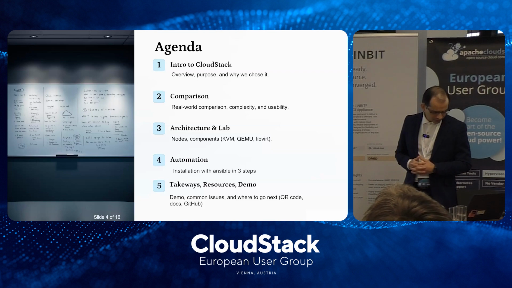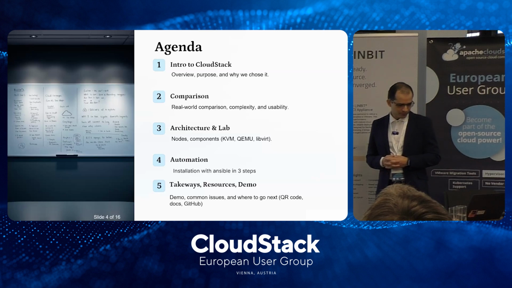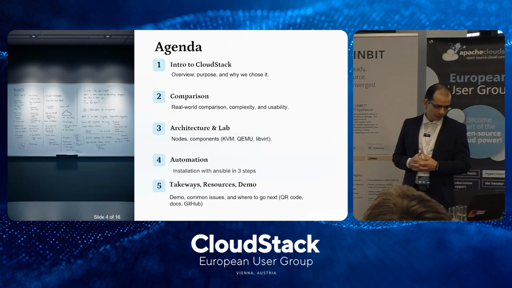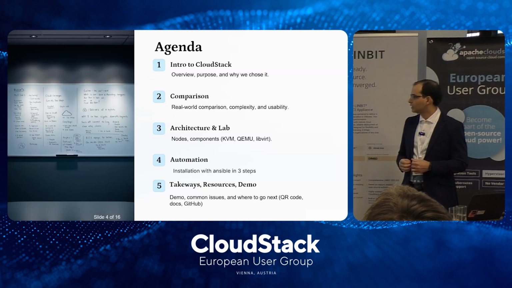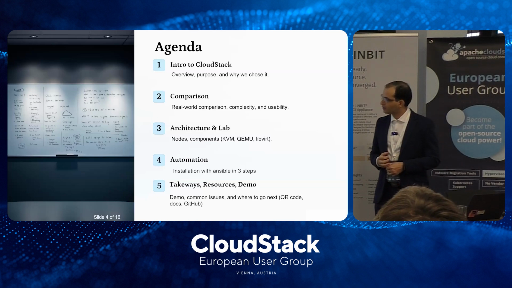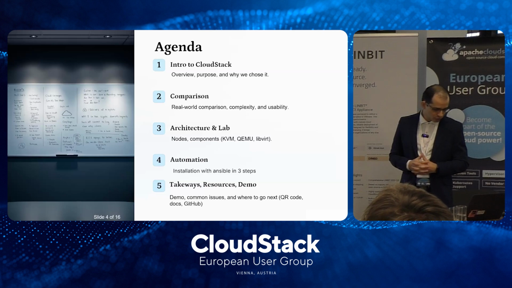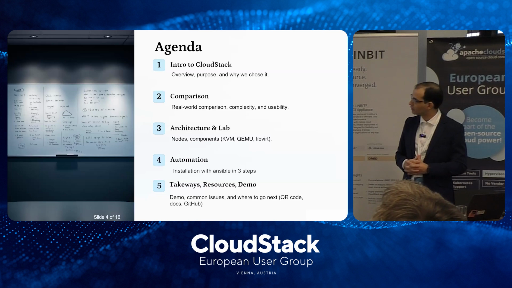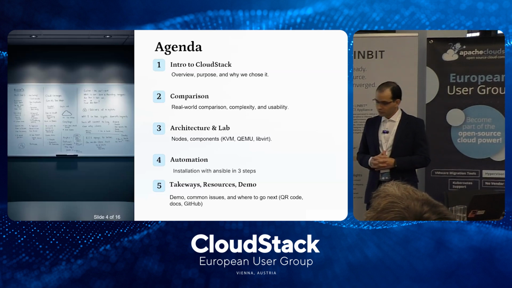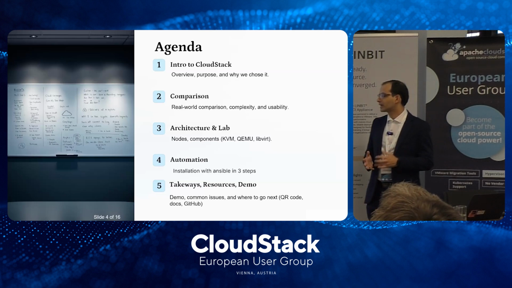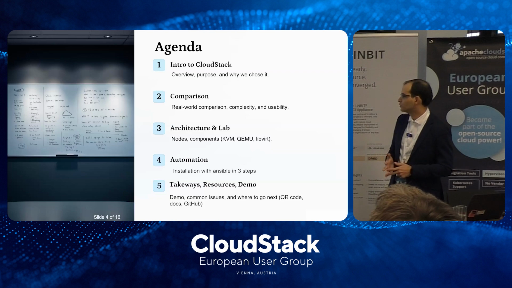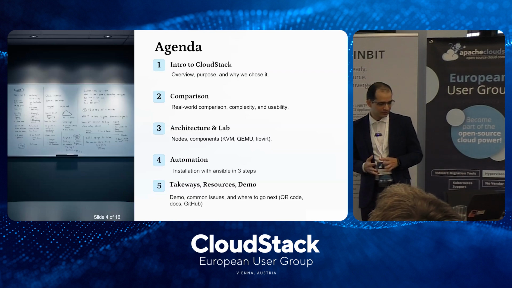After that, we will dive into the architecture for the lab. We will learn what we need to have a lab with CloudStack and KVM and the main components. After that, we will go to the automation session, and we will learn how to install your KVM host and your CloudStack with Ansible in 3 simple steps.